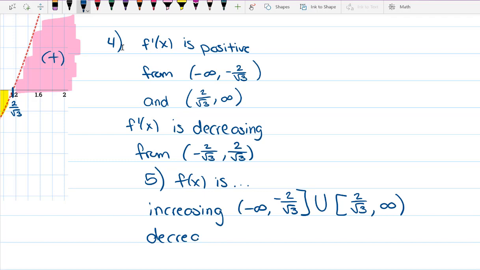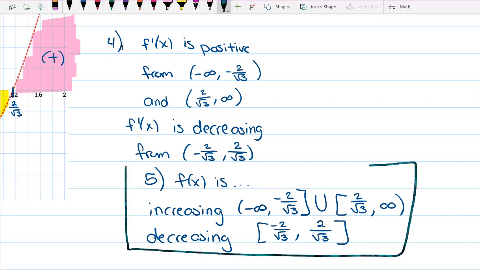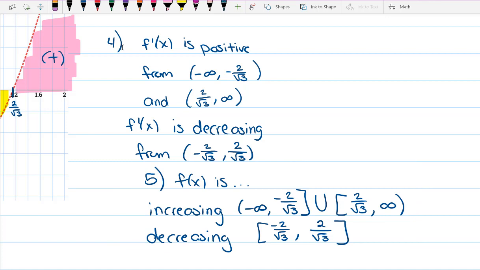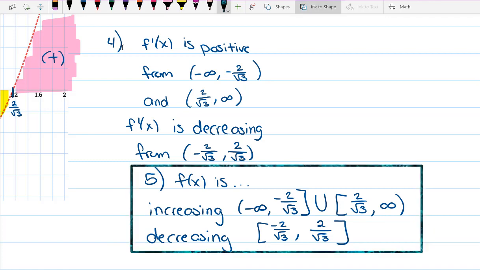It's decreasing between the values of negative 2 over radical 3 to 2 divided by radical 3. And this is our answer. This is what the question was asking for: determine the intervals of increasing and determine the intervals of decreasing.